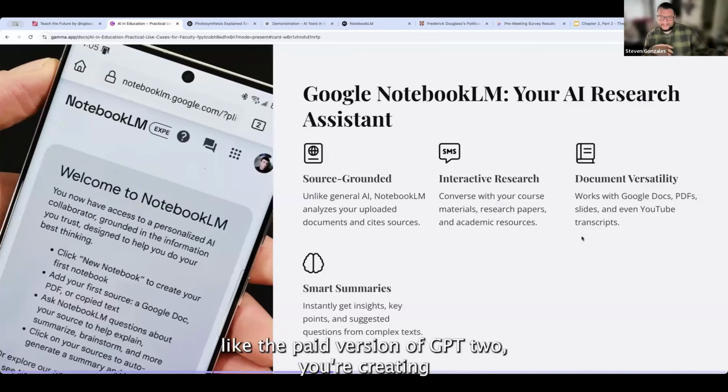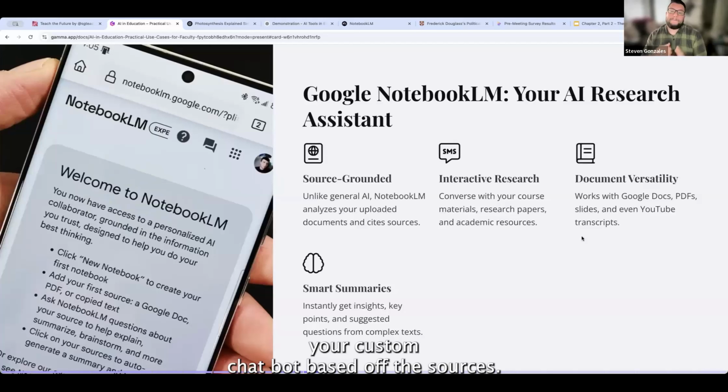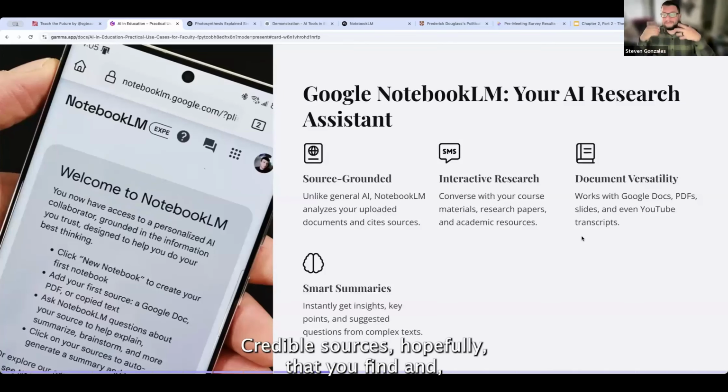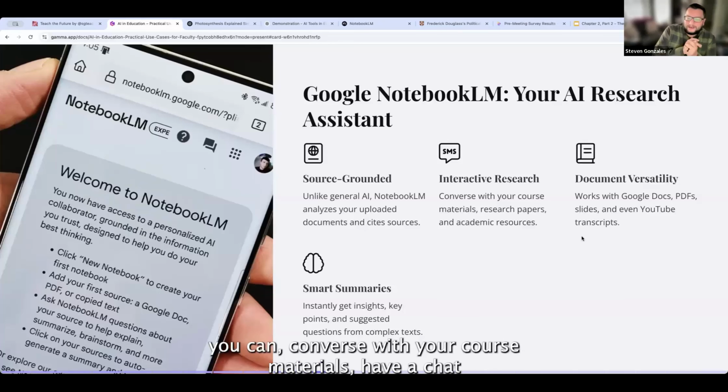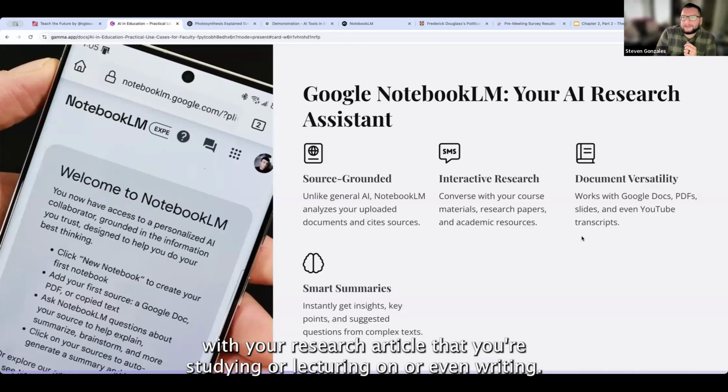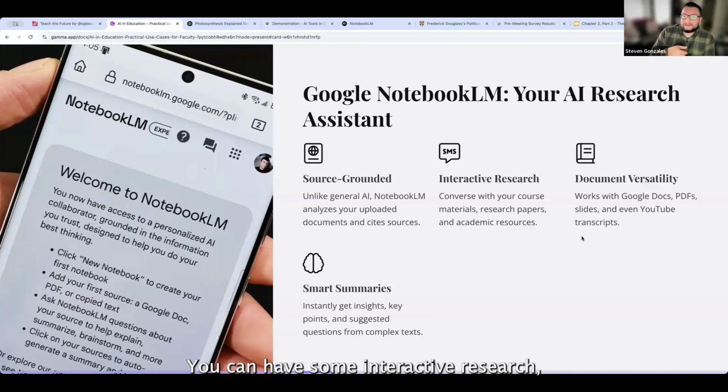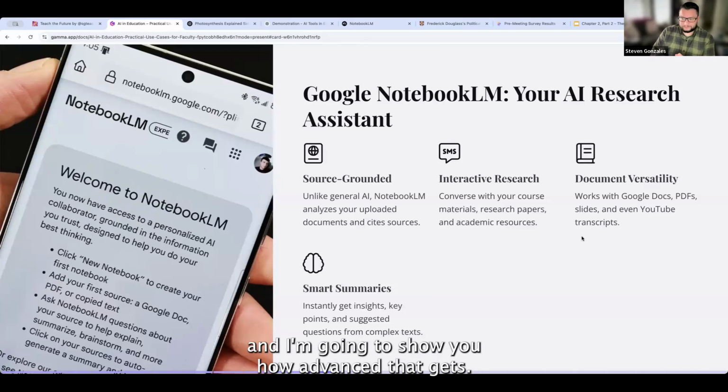Like the paid version of ChatGPT, you're creating your custom chatbot based off the credible sources, hopefully, that you find, and you can converse with your course materials. Have a chat with your research article that you're studying or lecturing on, or even writing. You can have some interactive research, and I'm going to show you how advanced it gets.